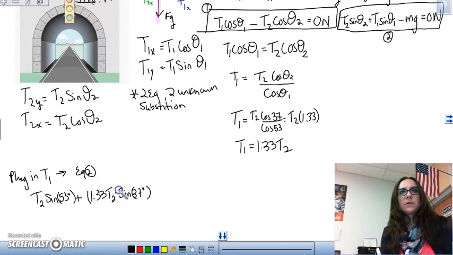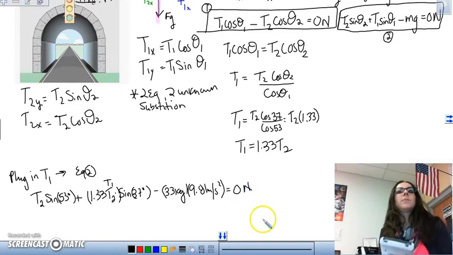So remember, this is all T1, minus 33 kilograms times 9.81, all equals 0, like that.